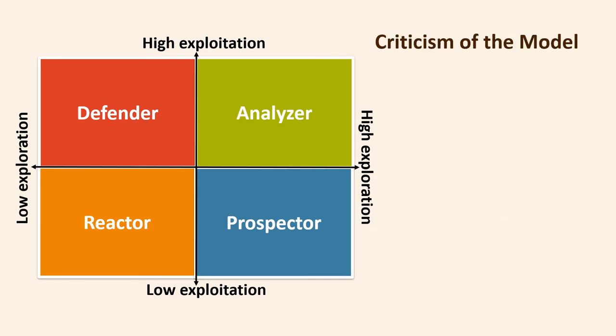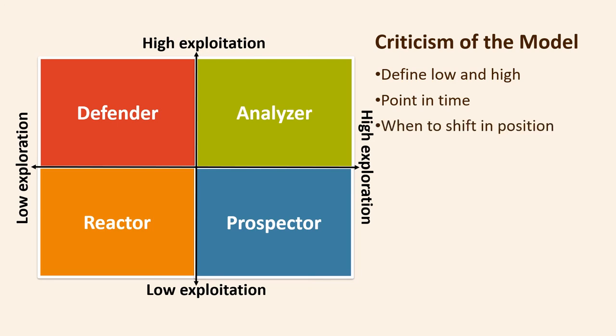Let us now consider a critique of the model. You must define the concepts low and high on the two axes yourself. The model does not provide an answer about which of the three strategic organization types is best at any particular point in time. The model does not give any hints about when the company should shift position between the three stable strategic organization types.